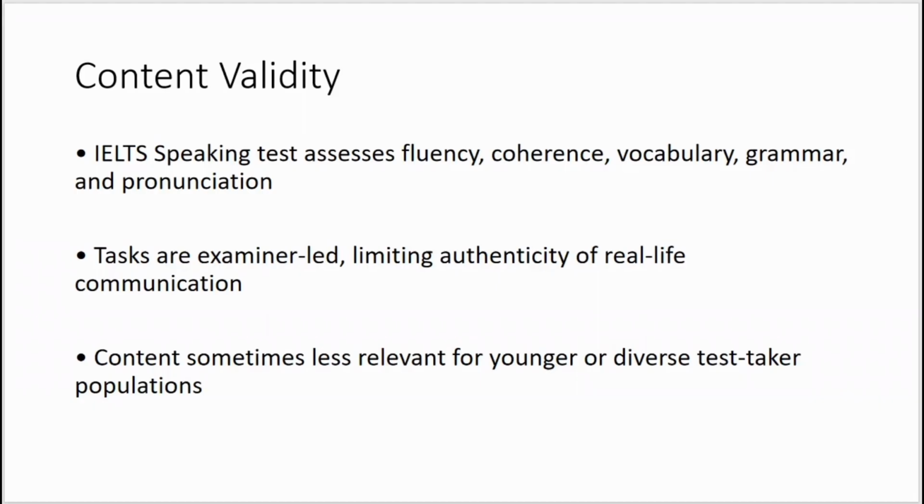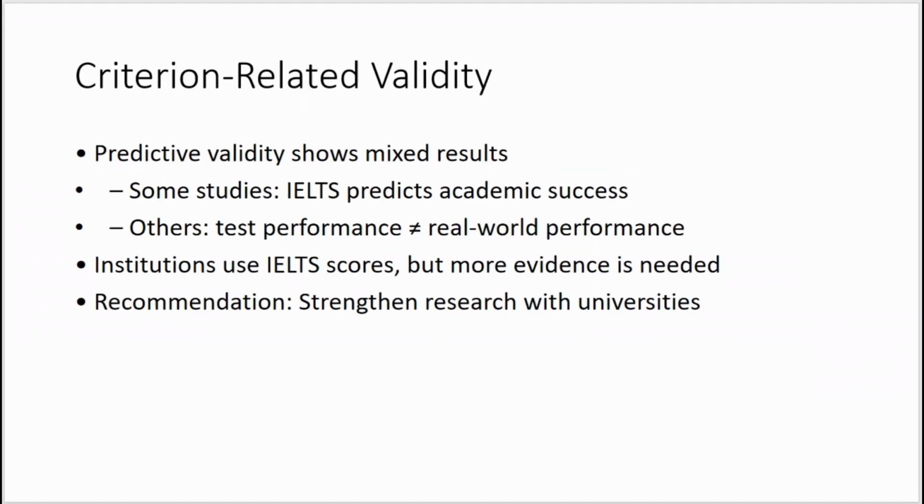And while discussing criterion-related validity, which is predictive validity, the results are mixed. Predictive validity asks, does a test score predict future performance? For IELTS, this means, do high IELTS scores actually lead to better academic outcomes at university?